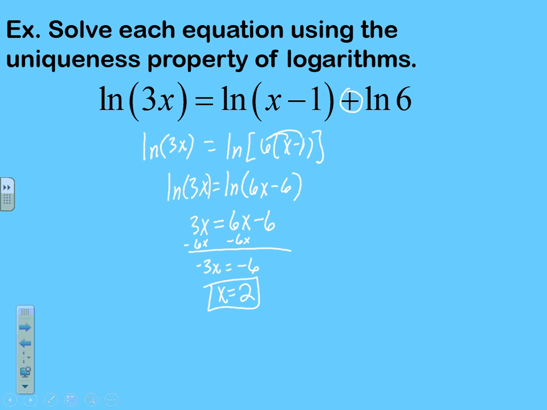Again, to check to see will this work, I would take the 2 and substitute it here for x, substitute it here for x, and see inside the parentheses will I get a negative number. And 3 times 2 is positive, 2 minus 1 is positive, so we don't get any negative numbers with our logarithms. So there is our happy answer.